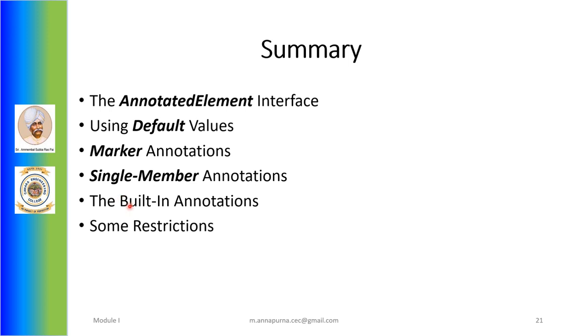Next, under single member annotations, we have learned that a single member annotation has only one annotation member, and it allows a shorthand form to specify the value of the annotation member.